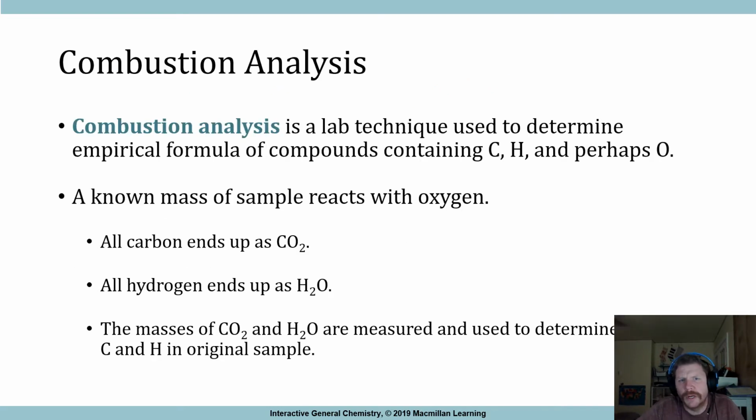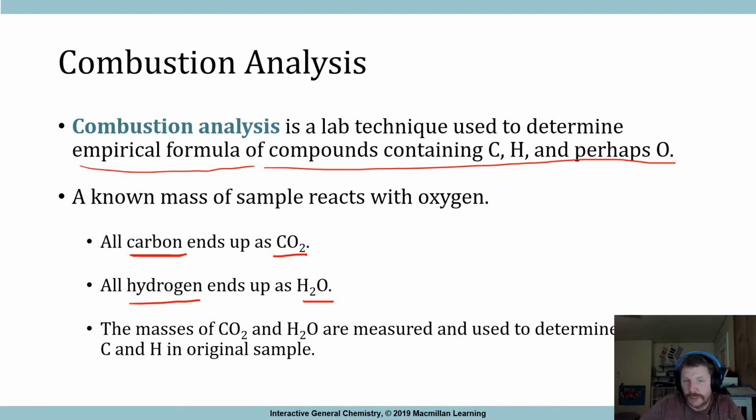Combustion analysis is a lab technique that is used to determine the empirical formula of compounds containing carbon, hydrogen, and perhaps oxygen. A known mass of a sample is going to react with oxygen. All of the carbon in that sample is going to end up as CO2. All of the hydrogen ends up as H2O.